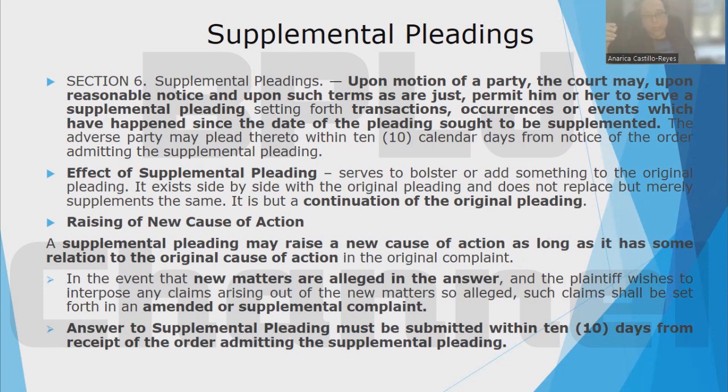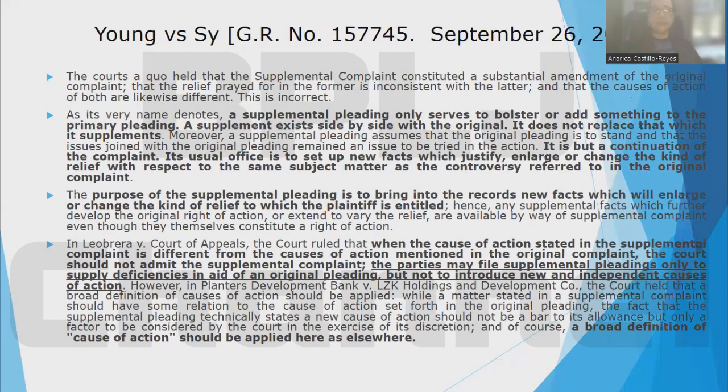Okay, so if you want to contest the new matters alleged in the answer, then you can do so by an amended or supplemental complaint. Answer to a supplemental pleading must be submitted within 10 days from receipt of the order admitting the supplemental pleading.